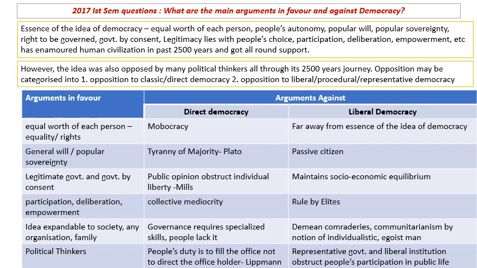It was based upon equal worth of each person, people's autonomy, able to govern themselves, self-governing, popular will, popular sovereignty, right to be governed, government by consent, of course, a very contested idea. Legitimacy lies with people's choice, participation, deliberation, empowerment.